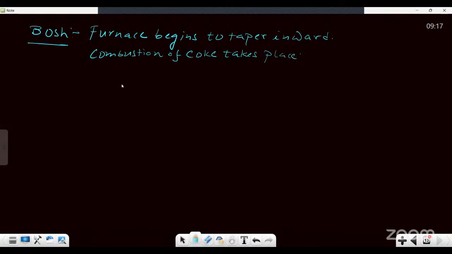Coke means carbon. When it is combusted with oxygen, it will get converted to CO2. Another reaction that takes place is that the CO2 will come in contact again with carbon, and when the temperature is quite high, this gives us CO.